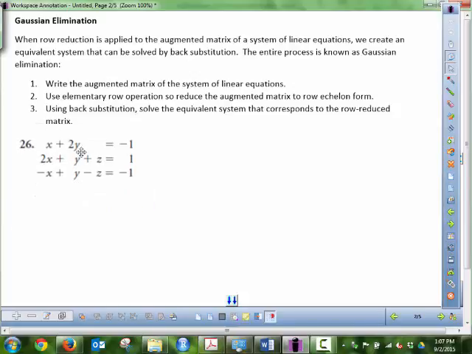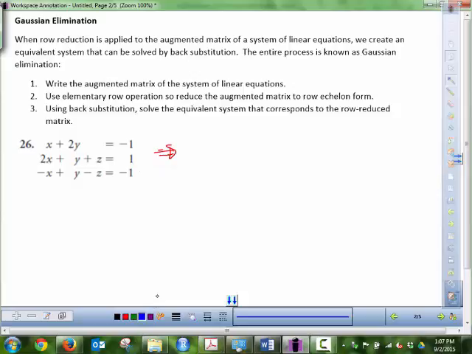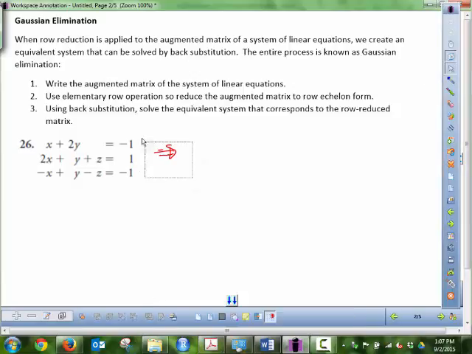Let's do this problem. This is number 26 from your textbook. Some of these could take a while, some of them might be easy enough to do, and some might take a little bit more work. So the first step is to write it in matrix form, the augmented matrix.